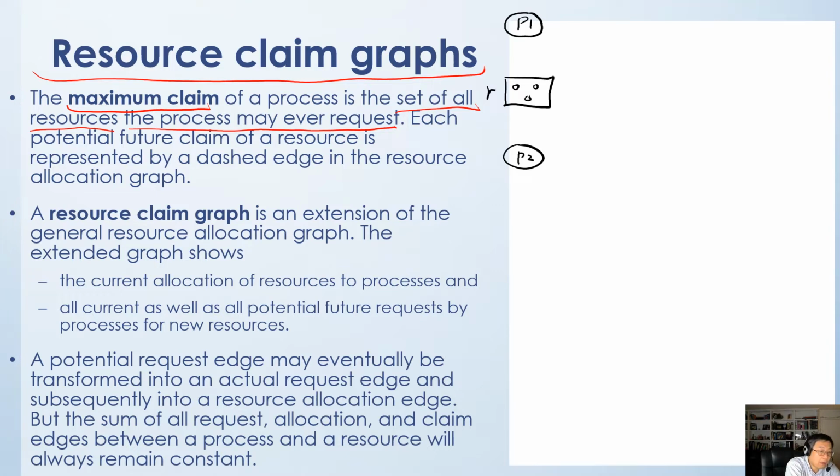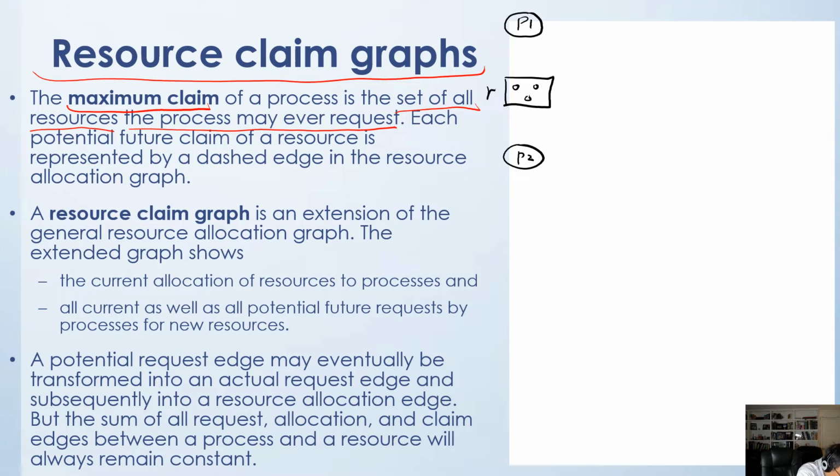Initially, both processes haven't made any request. So the resource allocation graph should be just like this: there's no actual request and there's no allocation. However, in the resource claim graph, we should include any potential request.